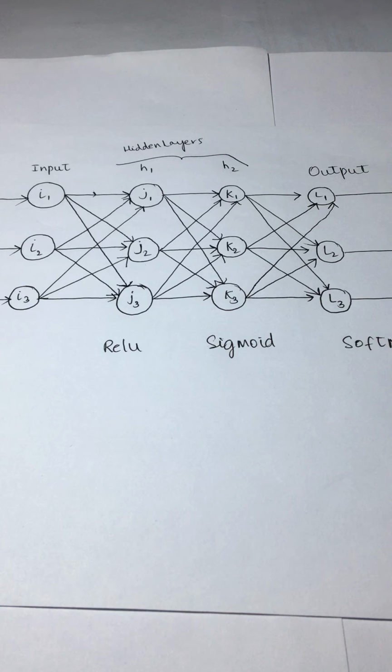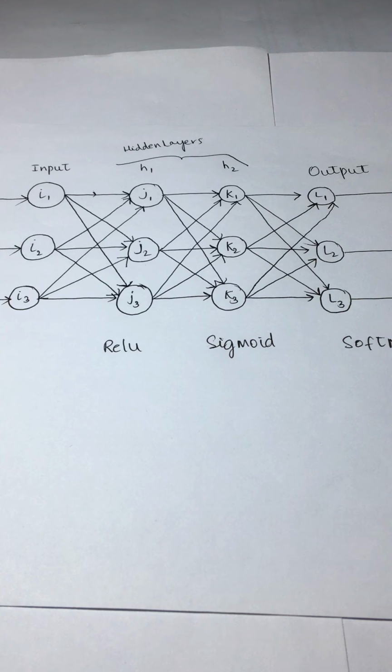Let's take an example. Suppose you have 2000 samples, and your batch size is 500. Batch size is the number of training examples present in a single batch. So if your batch size is 500, the number of batches is 4, because you need 4 batches to complete 2000 samples.